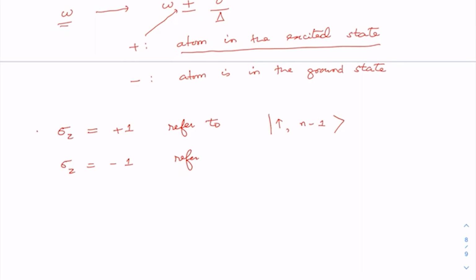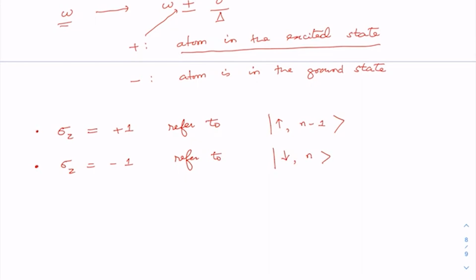I am writing that plus 1 refers to the case when the atom is in the excited state and there is one less photon in the field mode, that means n minus 1 photons. On the other hand, when the eigenvalue of sigma z is minus 1, we have the atom in the ground state and n photons in the field mode.